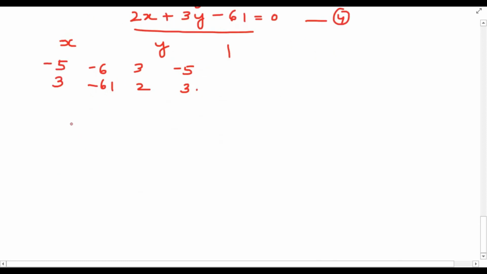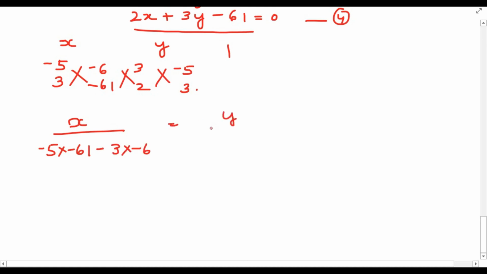So x divided by, cross multiplying, minus 5 into minus 61 minus 3 into minus 6, equals y divided by minus 6 into 2 minus 3 into minus 61, equals 1 divided by 3 into 3 minus 2 into minus 5.